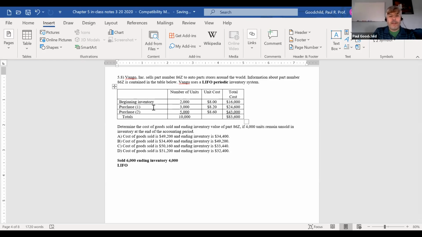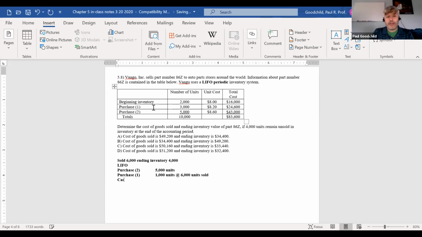Last in, first out means that we're going to use purchase 2 first. That was 5,000 units. And we're going to use purchase 1 for 1,000 units. And so that would be our 6,000 units sold.